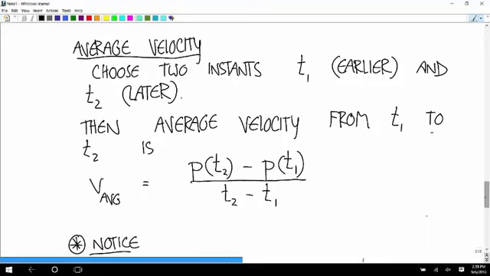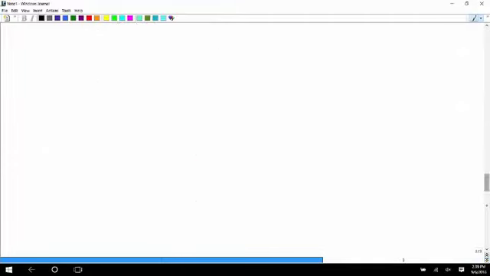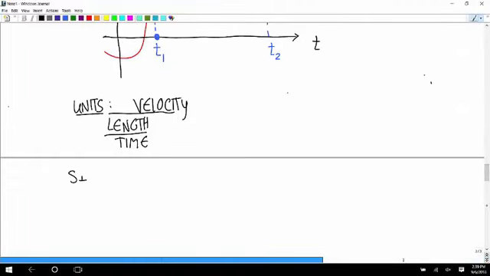And what are the units for the denominator? Seconds or any other unit of time. And so you have meters divided by seconds. And so the units for velocity are meters per second. Or the units for velocity have to be length divided by time. And the SI units have to be meters per second.